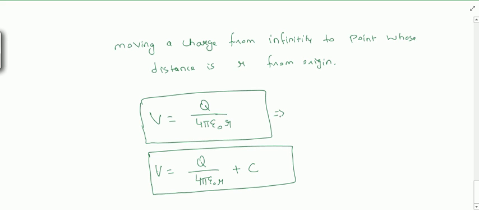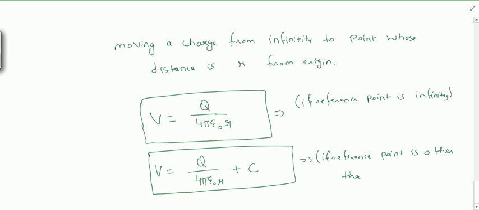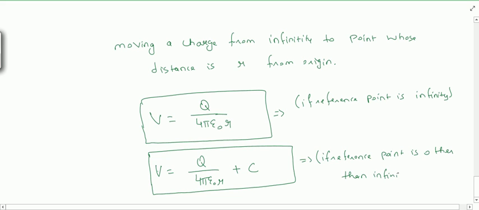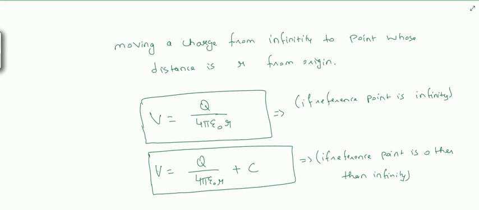You just remember, if the reference point is at infinity, this formula will be applicable. If the reference point is other than infinity, then we have to use this, because the constant will come as our reference point has changed from infinity.